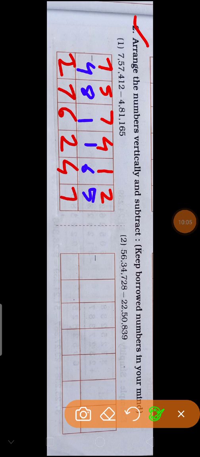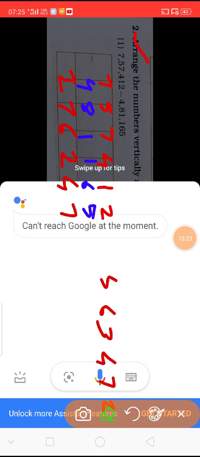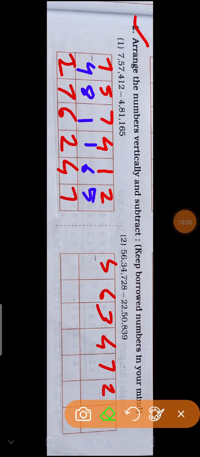Okay. Now the next number, see here, 56 lakh 34,728. I cannot write it here, just see that at the unit place the number 8 is there.